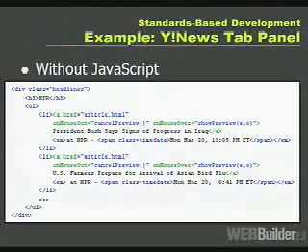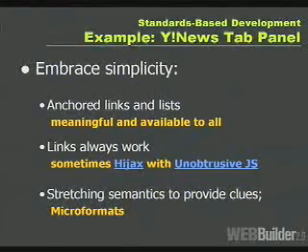But without it, nothing's in the way of the user just navigating to that page, using Lynx or Netscape 1 or who knows, Mosaic, anything. It just works. So we really want to embrace this simplicity, this core technology that's been around the entire life cycle of the web. So these links and lists, and then only stepping on them, coming in with unobtrusive JavaScript to make them do the things we want them to do today.